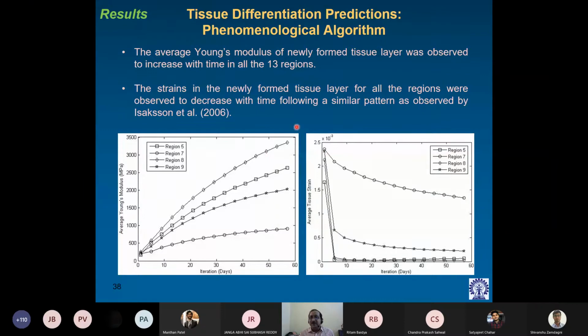And the strains in the newly formed tissue layer in these regions were observed to decrease, because if the Young's modulus increases, obviously the strains will decrease. It followed a similar pattern to that observed by Suction. That is another important contribution published in Journal of Biomechanics about this tissue differentiation behavior, and we have compared similar trends obtained between their study and our study.